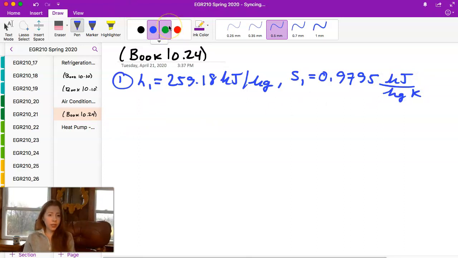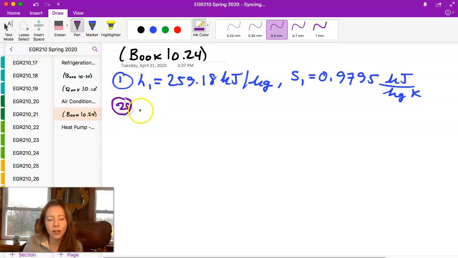Now, because we're dealing with a real cycle here, we're given an isentropic efficiency, so we're going to have to look at both the isentropic state 2 and the real state 2. We have to use the isentropic state 2 to determine the enthalpy at the real second state.